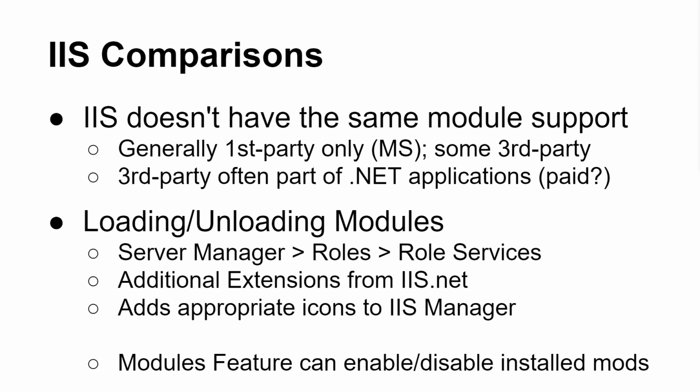For comparisons to IIS, there is not the same number of modules typically available for IIS. Generally, they're first-party only modules given by Microsoft. There are a few third-party ones. The third-party ones are usually the, hey, until Microsoft gets their act together and creates a first-party module, you can use this one instead.